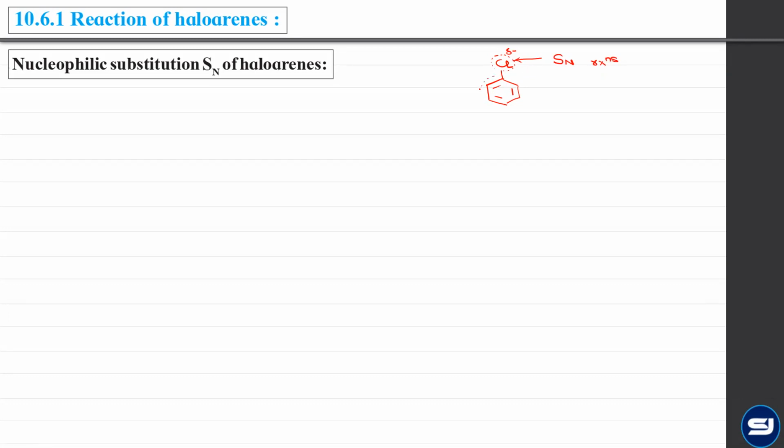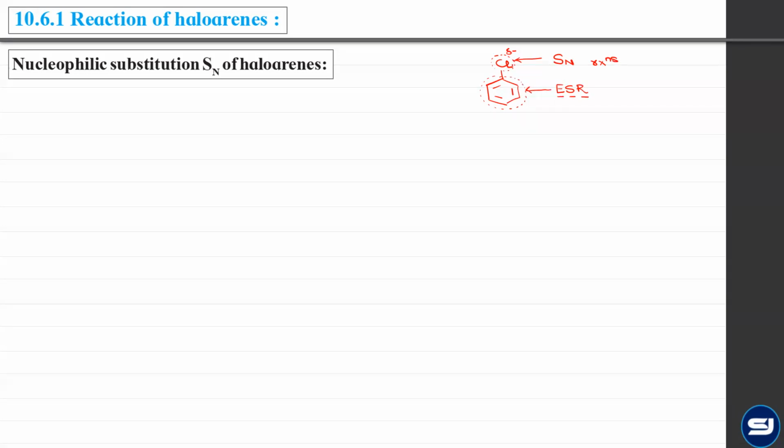And the haloarene also contains the aromatic benzene ring, which is electron rich. This electron-rich ring can be attacked by an electrophile, and the hydrogen can be substituted. That's why it can also undergo the ESR reactions, that is electrophilic substitution reactions. मतलब haloarenes में there are two categories of reactions which are possible.